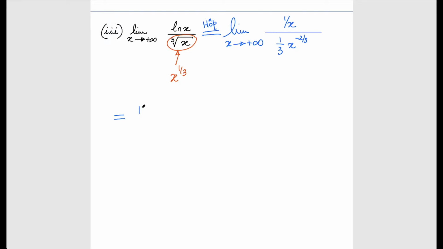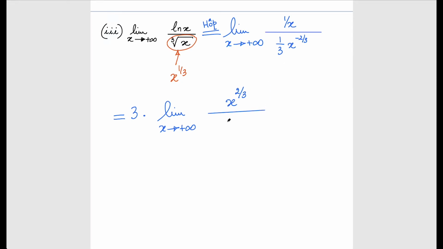All right, let's do some aesthetic work here. Let's push this 1 over 1/3, which is 3, outside, times the limit as x goes to infinity of this. The minus in the exponent means the reciprocal of that. So x to the power 2/3 upstairs. If you take it north, you lose that minus.